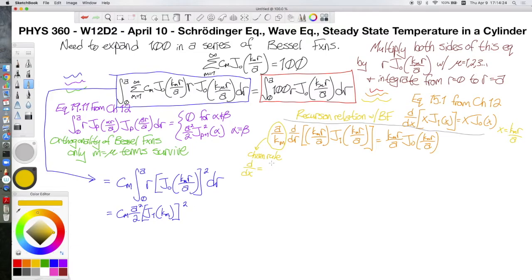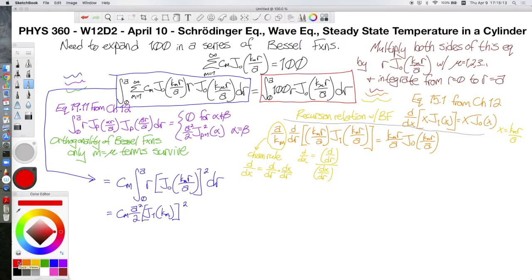So if we want to find d by dr instead, we would need to multiply d by dx by dx by dr. Or, writing this another way, we can replace the d by dx with d by dr divided by the derivative of x with respect to r. And the derivative of x with respect to r is k_m over a, thus the a over k_m term.